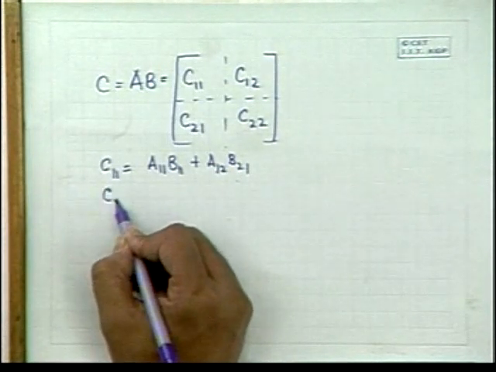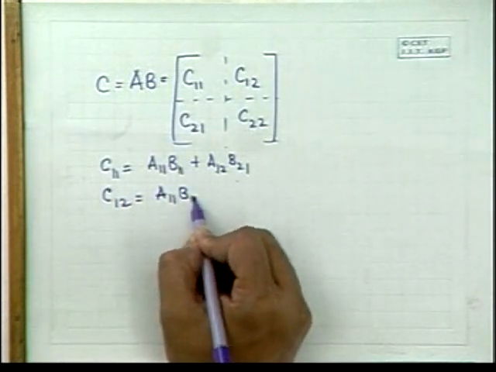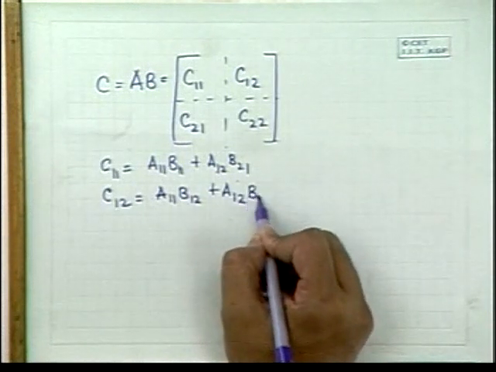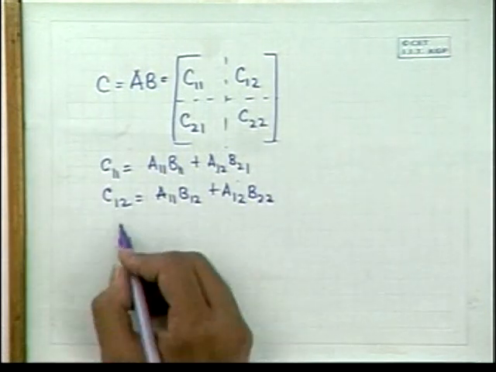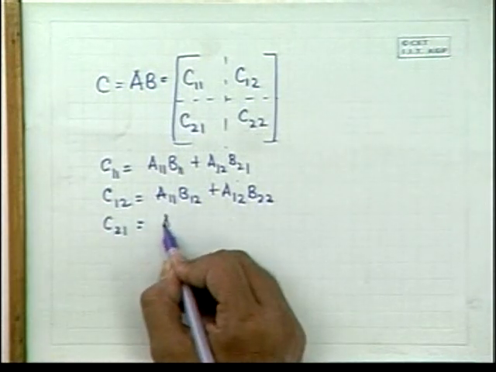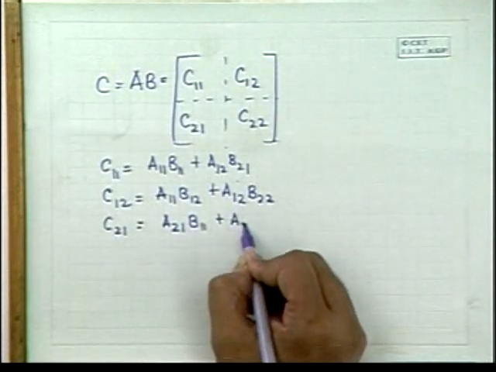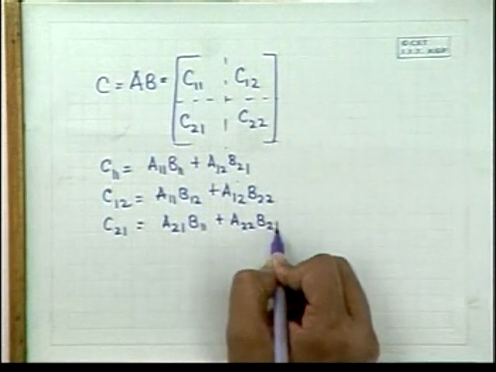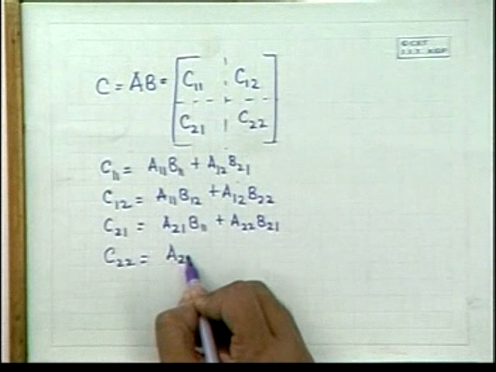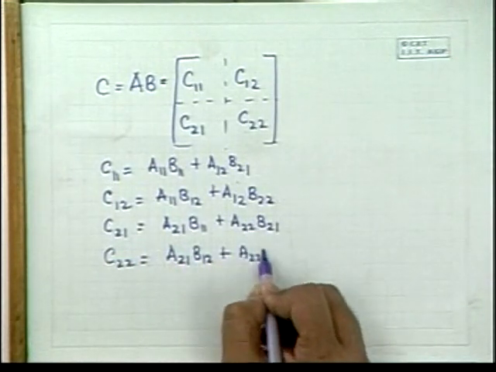Similarly, C12, you will find this is nothing but A11 B12 plus A12 B22, and C21 is A21 times B11 plus A22 B21. C22 is A21 B12 plus A22 B22.